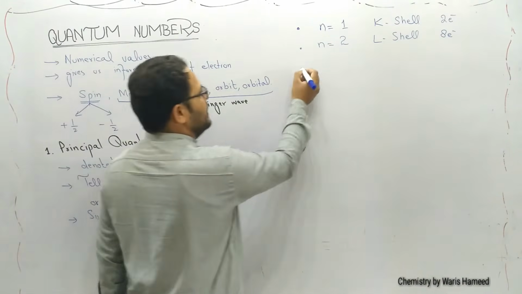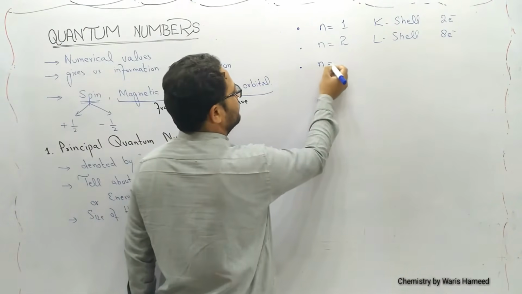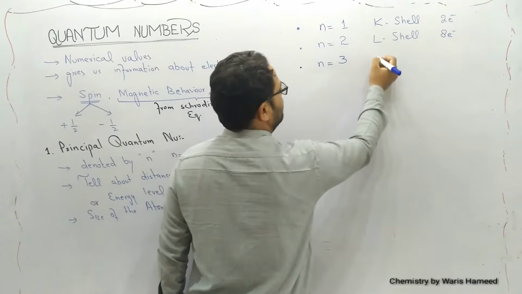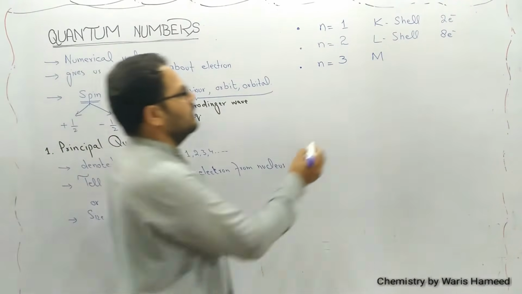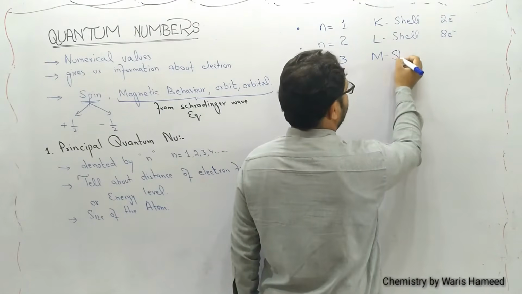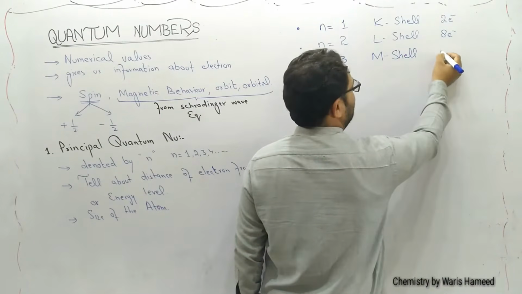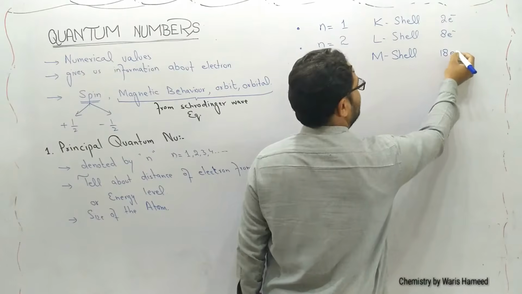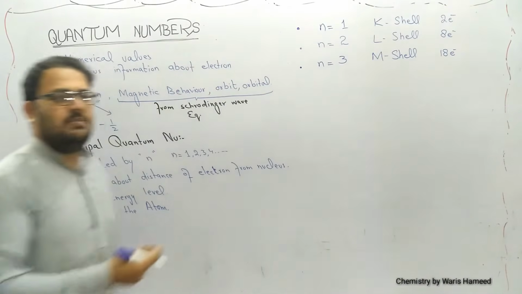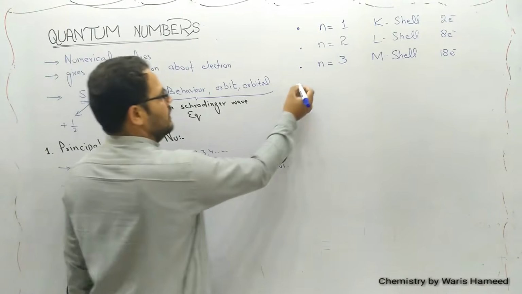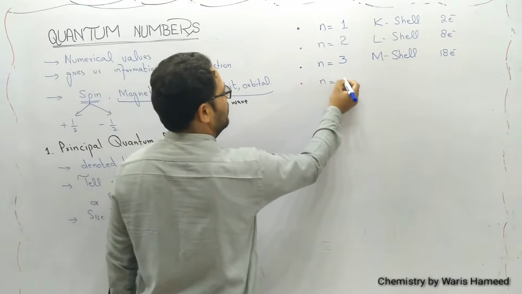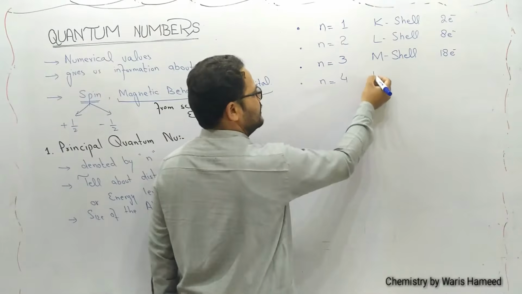If n is equal to 3, it's the M shell, and it has the capacity to carry 18 electrons. Maximum capacity of number of electrons is 18.